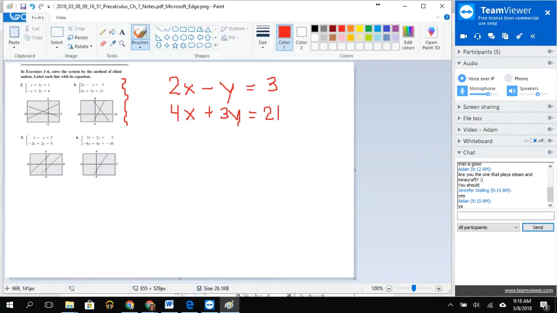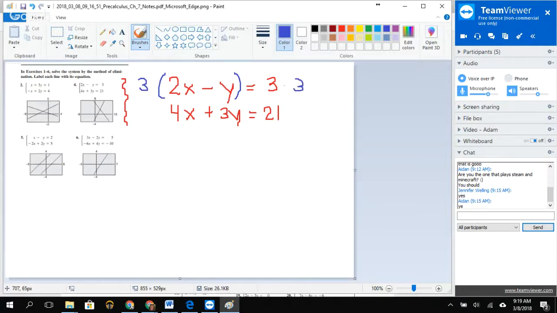Okay, so what I want to do is I want to multiply by a constant one of these equations in order to make it so that when I add the equations together, something cancels out. So for me, when I look at these equations, I think the easiest thing to do would be to multiply my top equation by 3. Okay, so I want to multiply this side of my equation by 3 and this side of my equation by 3.